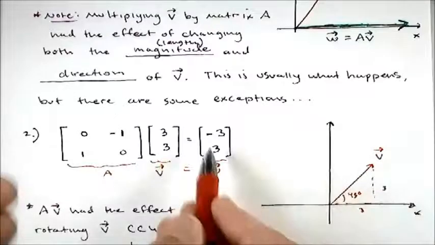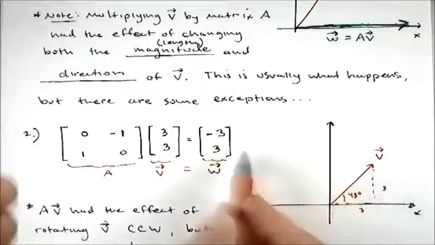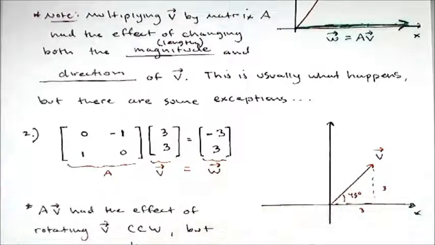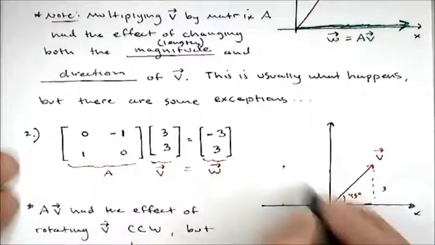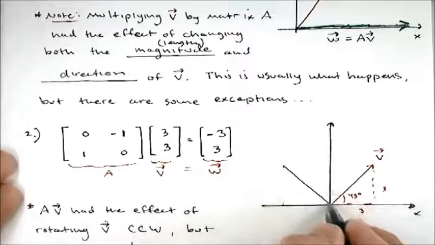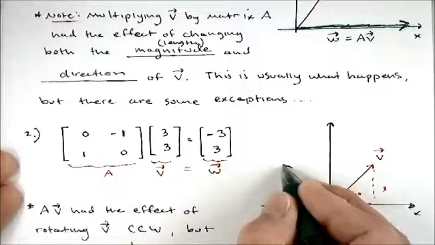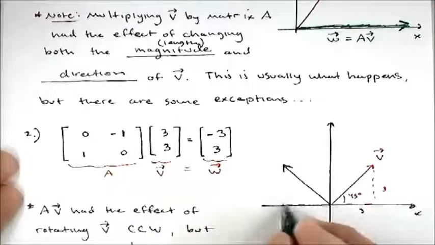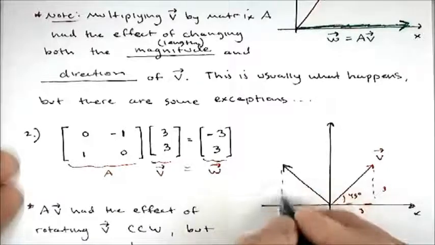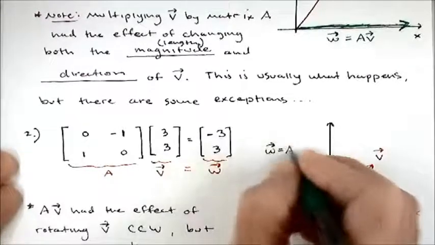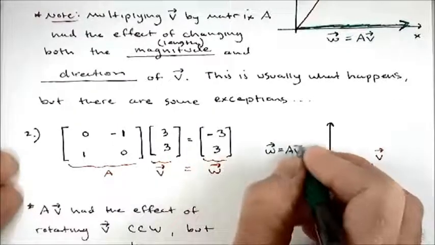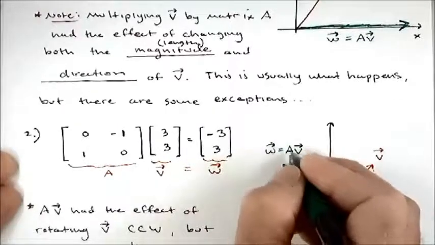And when I multiplied it by this matrix, I get the vector -3, +3. So this is W, but I really want to emphasize that's what you get when you multiply the matrix times V.